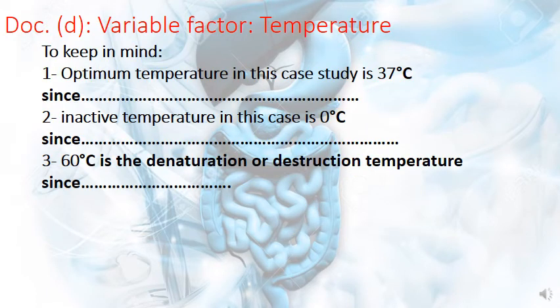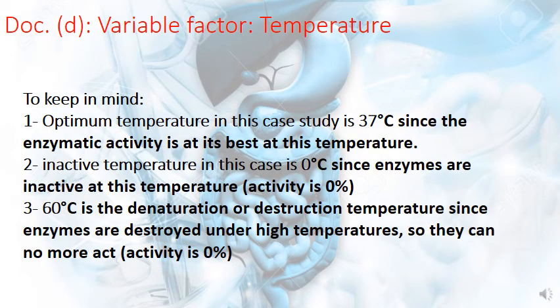So to keep in mind, what is the optimum temperature in this case study? 37. Why? Because the enzymatic activity is at its best at this temperature. Before we said because it's the normal body temperature. From now on, you have to say this: since the enzymatic activity is at its best, the function of the enzyme is best at 37.